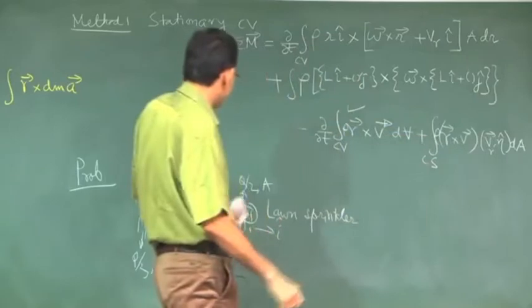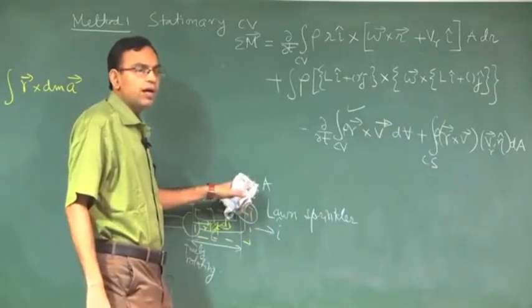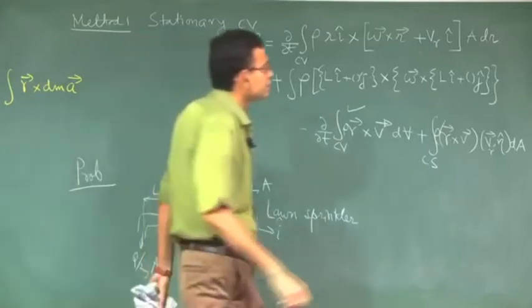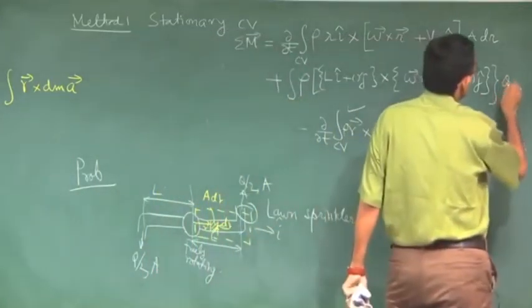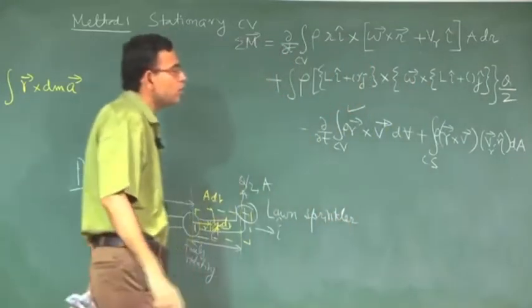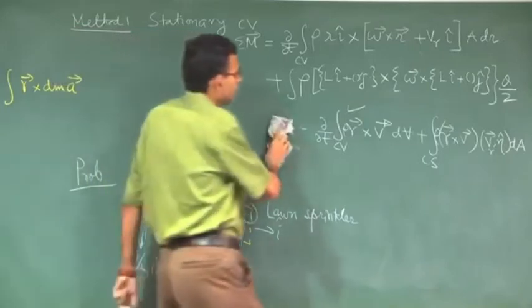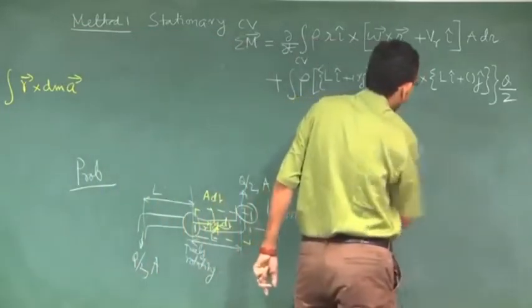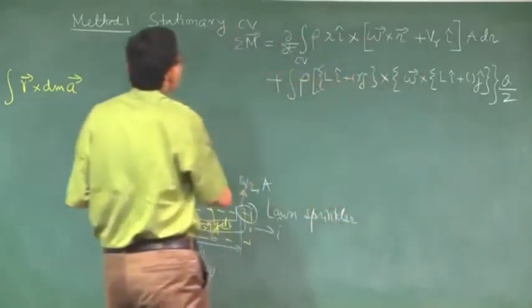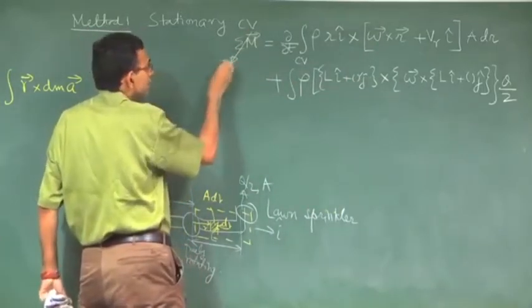So what is this? It is simply Q by 2, right, the relative volume flow rate. Q is the volume flow rate. So now let us write all the terms. First of all, because it is freely rotating, this is 0, a null vector.